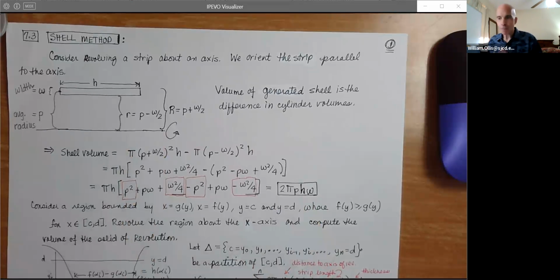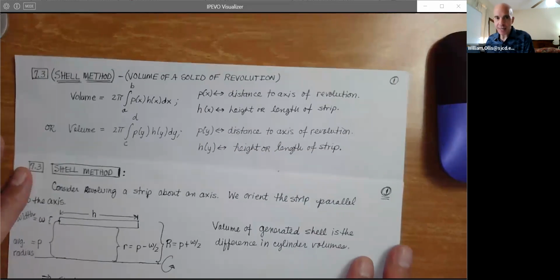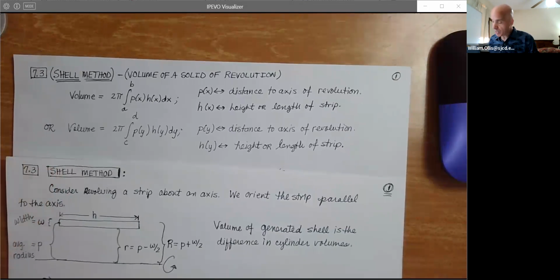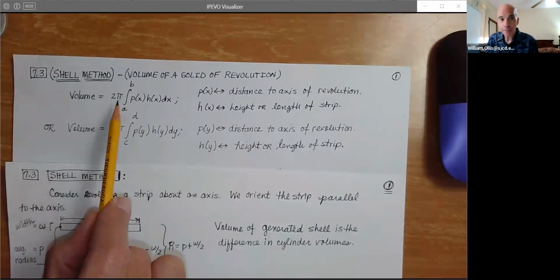Okay, now, when we actually do the formulas, we just move this into a formula right here. So we can use an independent variable, x or y. Now when we compare here, we have the 2 pi.